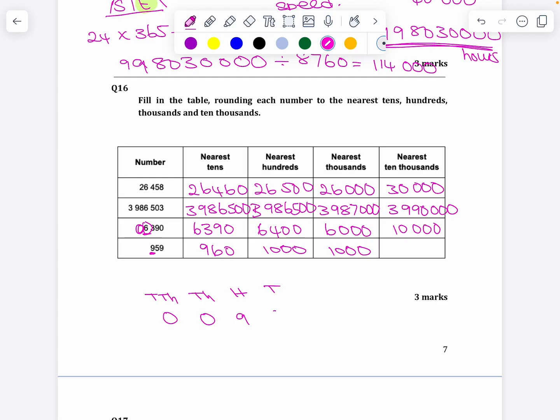Tens, you've got 5. And units, you've got 9. So we want the nearest 10,000. We cut it off here. Are we going to leave it as 0, or are we going to round up? To do that, we have to look at the next number, which is also 0. So we're going to leave it as 0. A bit of a trick question, and some of you got it right. But yes, you needed to get at least 3 to get 1 mark, at least 6 to get 2 marks, and then all correct to get all 3 marks.